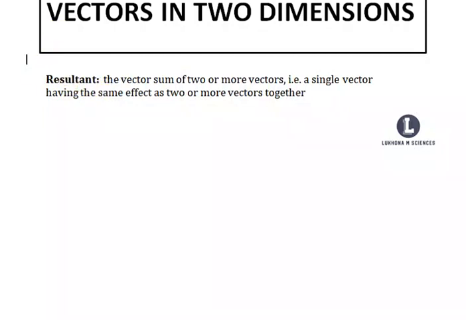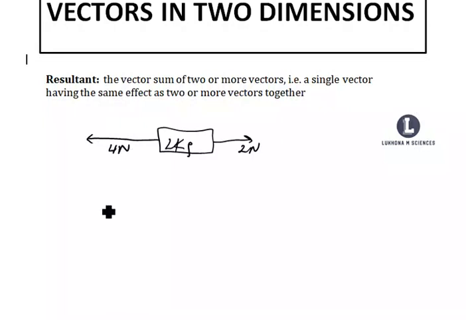Let me make an example. Let's say we have this object, this block, which is 2 kg. Then someone is applying a force here. Let's say this force is 2 newtons. Then another one is applying a force here, and this force is, for example, 4 newtons, right?